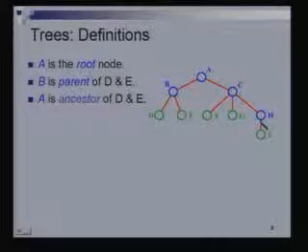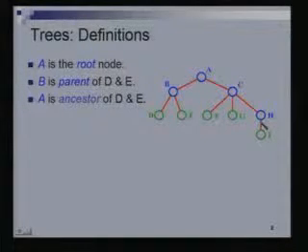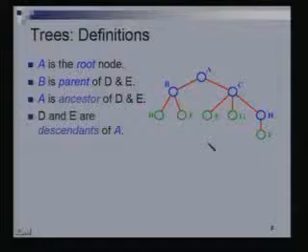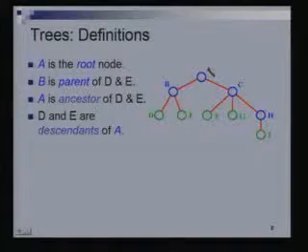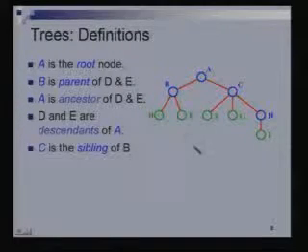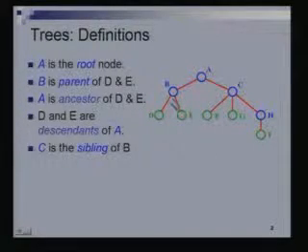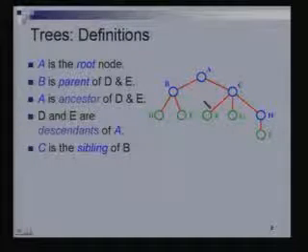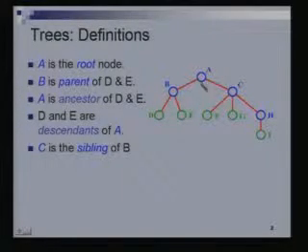You understand what the difference between ancestor and grandparent is. D and E are descendants of A. In fact, B, C, D, E, F, G, H, I are all descendants of A. C and B are siblings because they have the same parent.